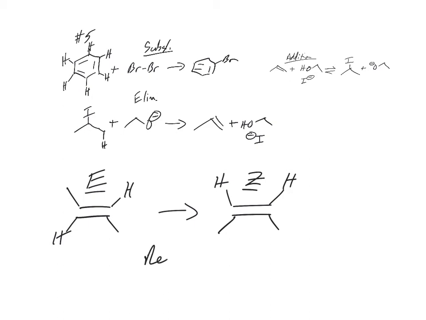This would be a rearrangement. We didn't add anything. We didn't substitute anything. We didn't eliminate anything. We just moved atoms around in space, or we just moved the bonds around. We didn't actually change the molecular formula. That's just a rearrangement.